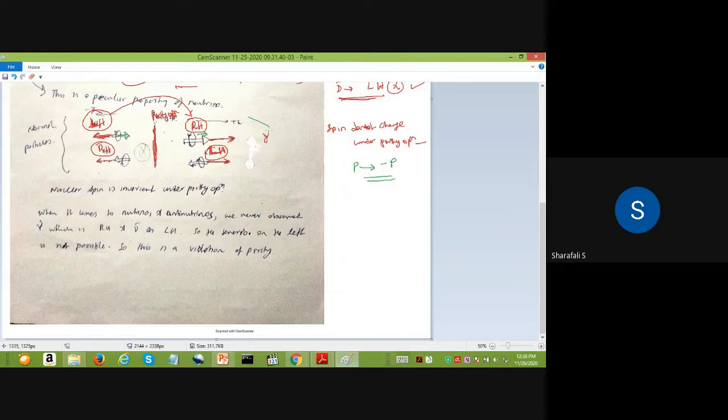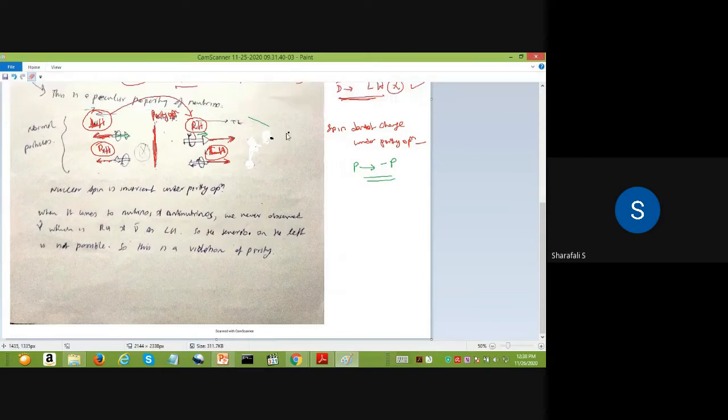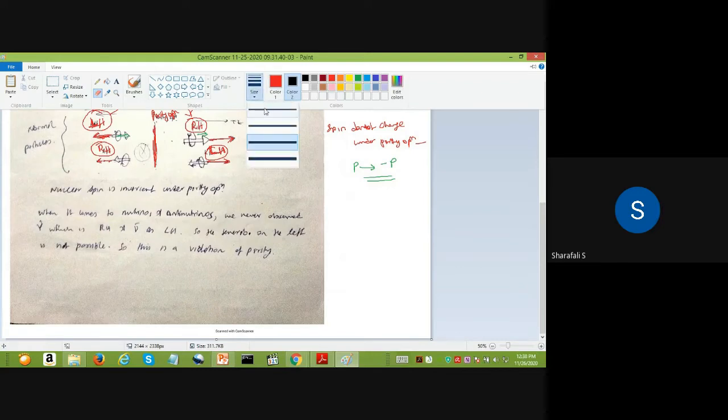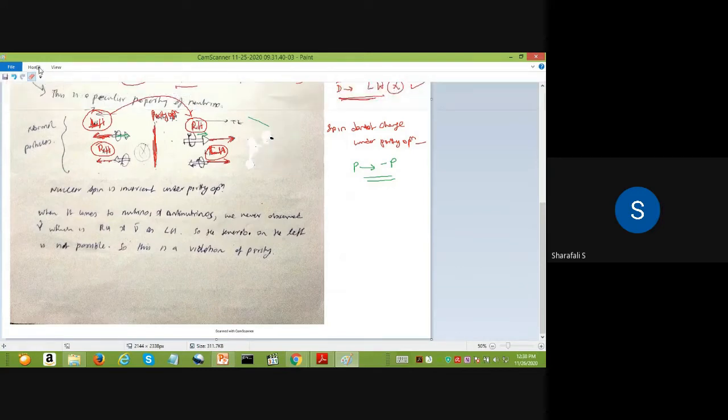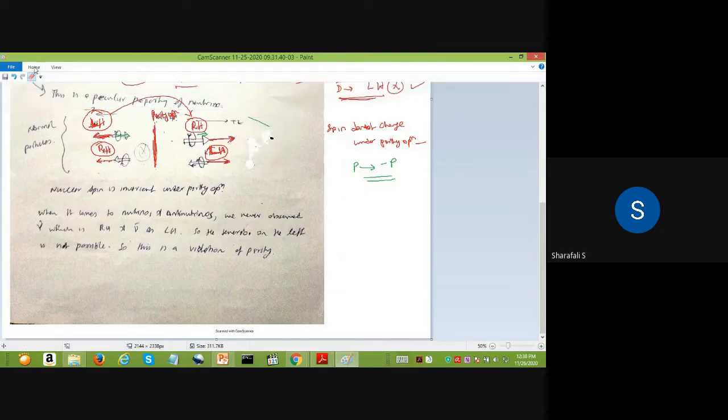So let's say this is the right-handed one, so this will be the anti-neutrino. Okay, and this is left-handed, this will be the neutrino.